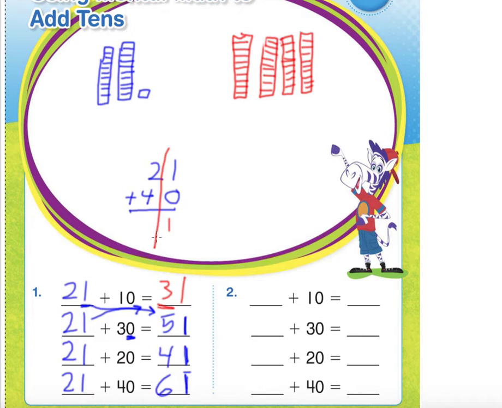So 1 plus 0 is 1. 2 plus 4 is 6. We still get 61. We get the same whole number.